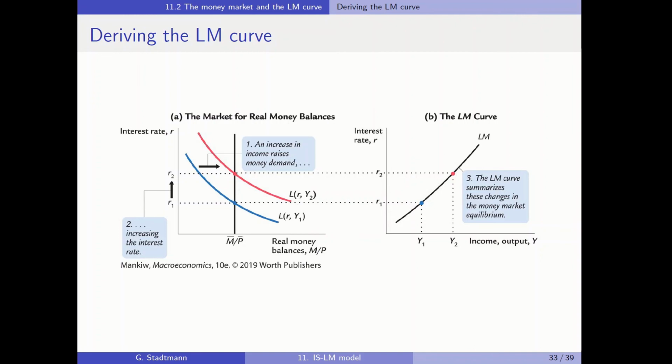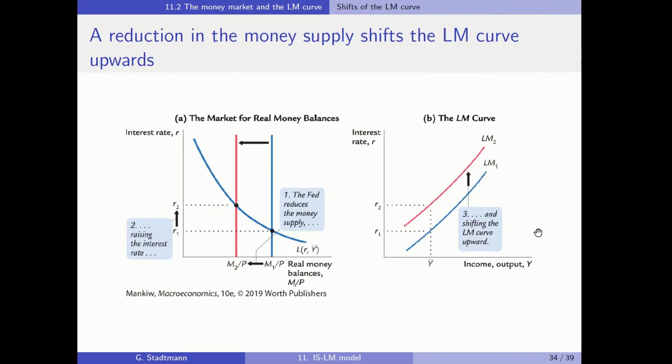What about shifts of the LM curve? Right now, we only focused on the first characteristic, that the LM curve is upward sloping. What kind of factors lead to a shift of the LM curve? Here in this slide, it is mentioned that when the central bank decreases money supply, this vertical money supply curve shifts to the left, and this leads to a higher interest rate level. And hence, decreases of money supply lead to an upward shift of the LM curve.